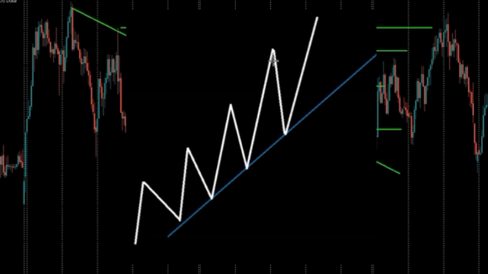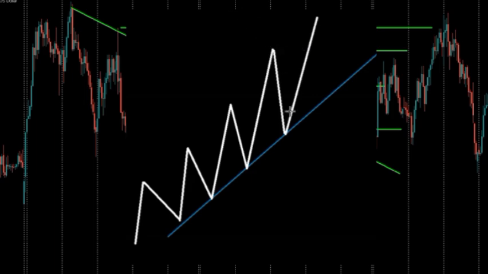How do we go about this? Once the price has broken the structure, you mark your range.